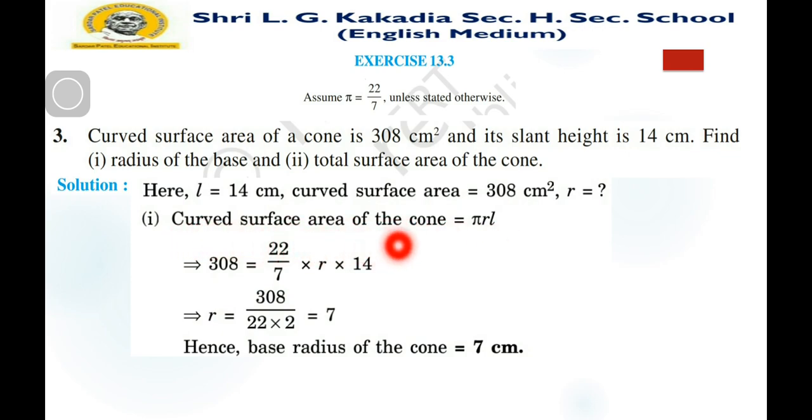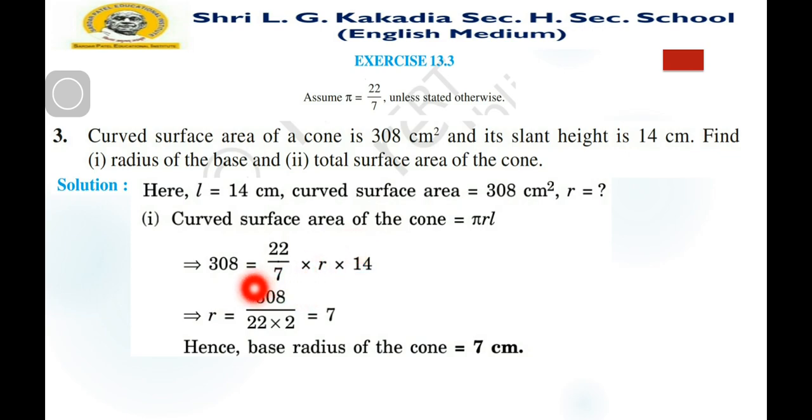So 308 is equal to 22/7 into R into 14, and we want to find R. So we have to make R the subject, then we get R is equal to, moving all these terms to the LHS, 22 is in the numerator so it will go to the denominator, and 7, here we cancel 7 and 14, 7 twos are 14. 14 is in the numerator, so it will be in the denominator.